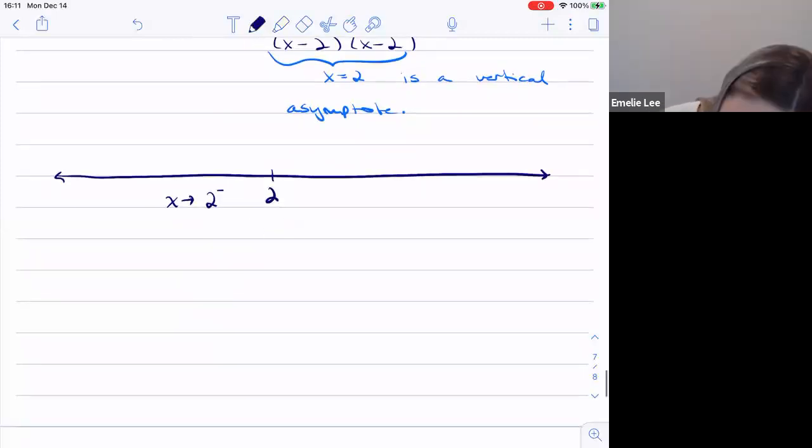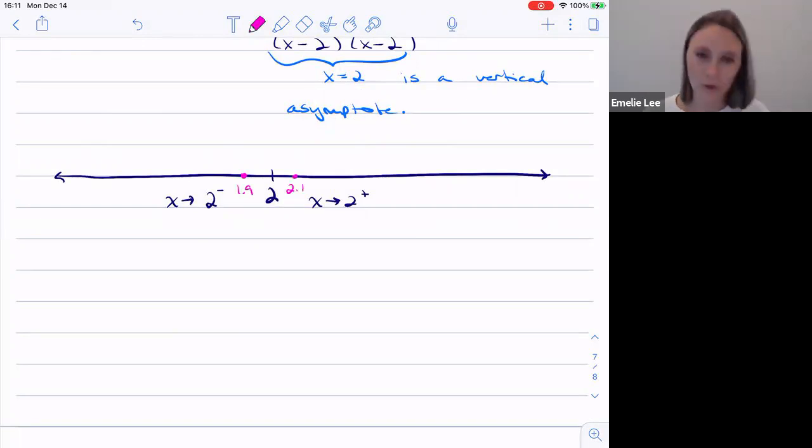So on this side, I have x going to 2 from the right. I'm just going to use test values here. Let's use 1.9, and on this side, I'll use 2.1. I want to be close enough to 2 that I can convince myself that no weird changes are going to happen. And then we're going to find that it goes up and up on both sides.